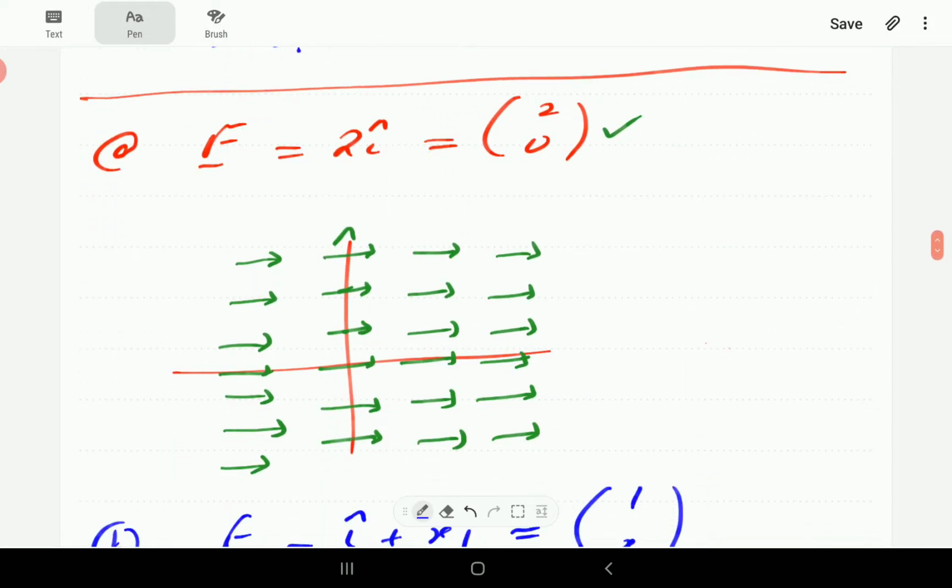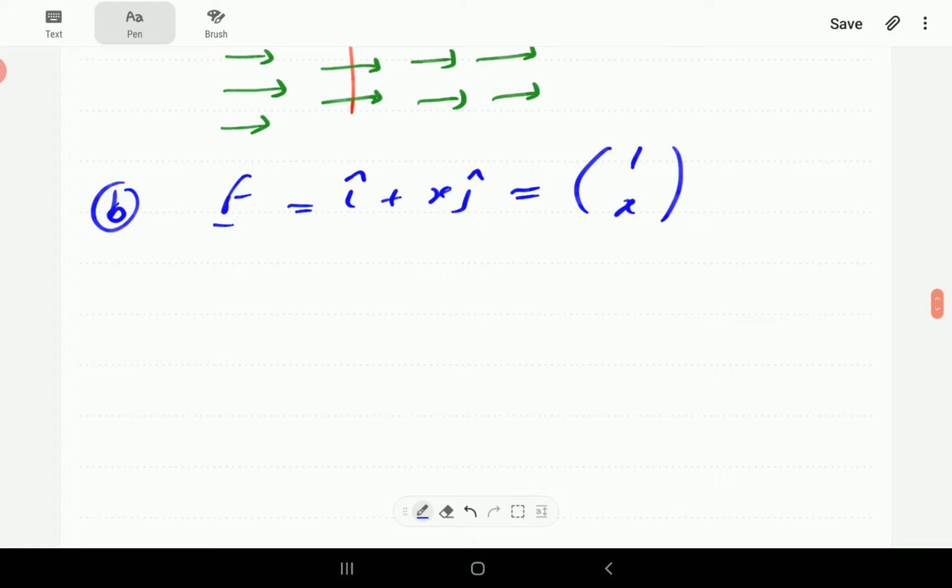By the way, for this vector field, there is no indication of spreading out from any point, and there's no indication of any rotational tendencies. So for this one, we expect both the divergence and the curl to be 0.